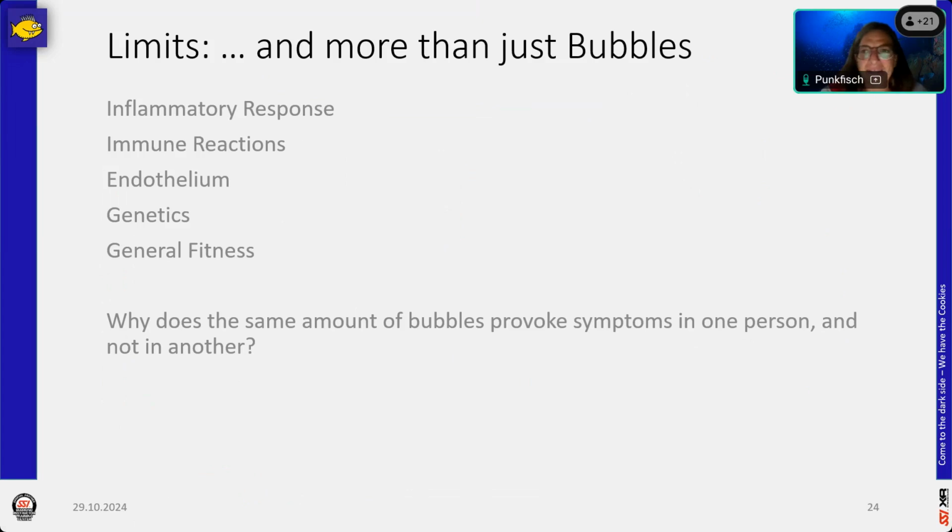There are some signs, like we know that for certain types of DCS, how the bubbles can move in the body once they appear, if they can move from the venous to the arterial side, for example, through a PFO, a little hole in the heart, or if the general fitness of a person allows a better or a little bit weaker reaction to bubbles.